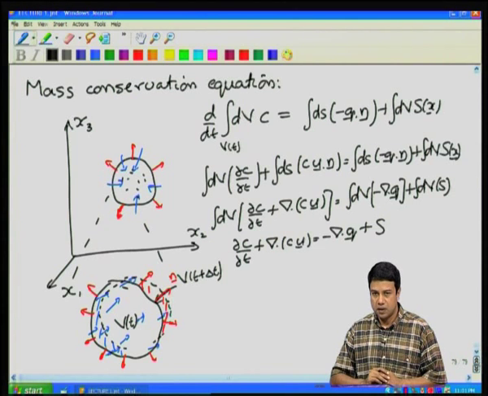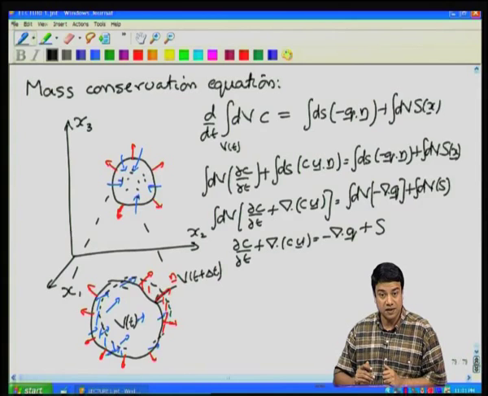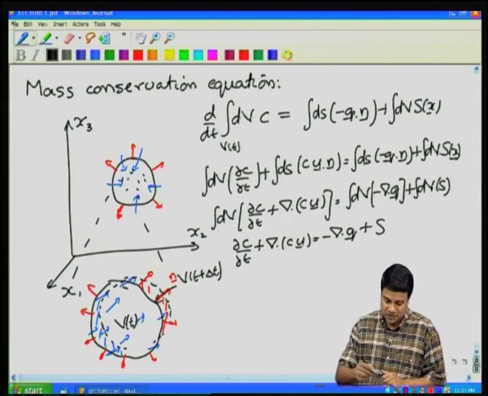And if I use my constitutive relation, once again I wrote the heat flux instead of the mass flux.